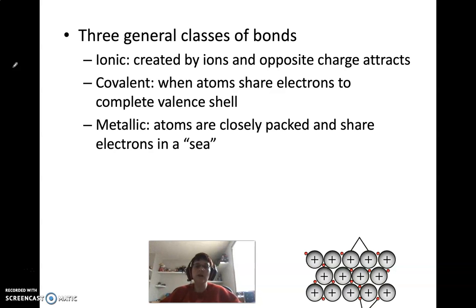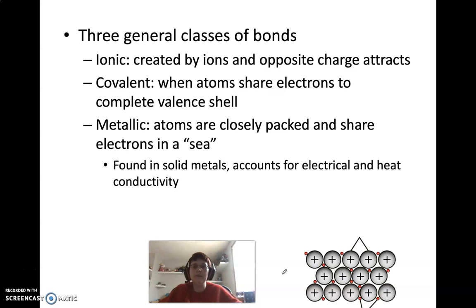This is what a lot of the transition metals do, creating a group of closely packed atoms. That's what you're seeing down here, where the positive nuclei hang out and share their electrons, which are these little red guys, in a sea of atoms all together.